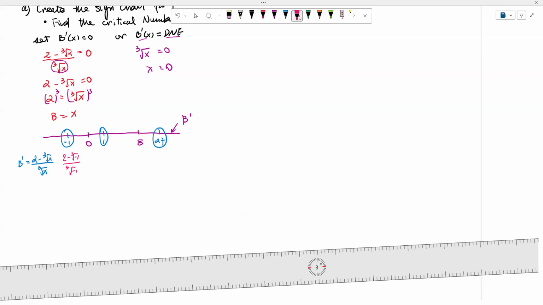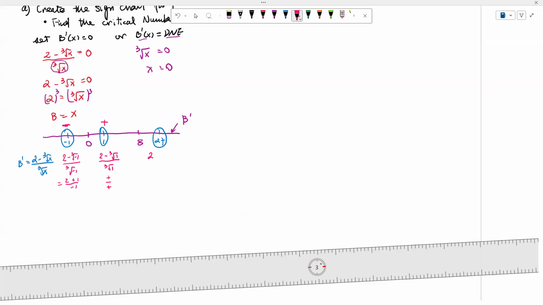So we have 2 plus 1 over -1, so this is negative. Then for 1, we have 2 minus cube root of 1 over cube root of 1, so 2 minus 1 is positive, and the cube root of 1 is 1, so this is positive.